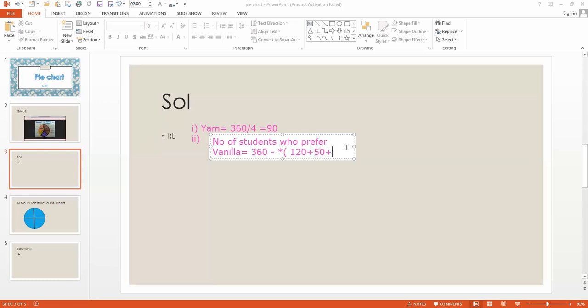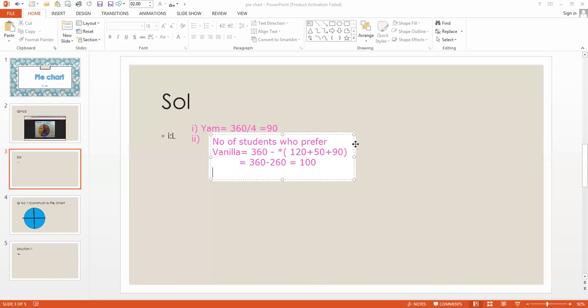So you have to write it here, 90 degrees. Clear? Now you have to add all these 3. When you add all these 3, they are equal to 260 degrees. And now you have to subtract it from 360, so it is equal to 100 degrees. So students who love to eat vanilla ice cream are 100 degrees.